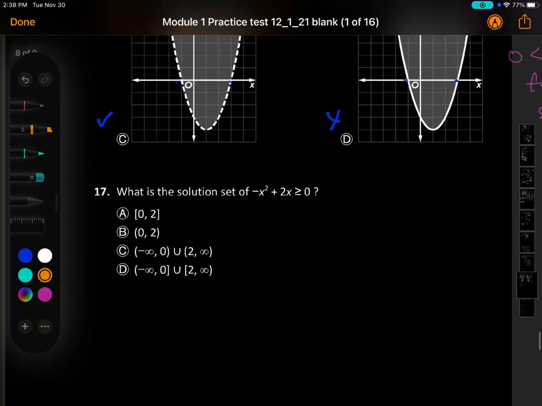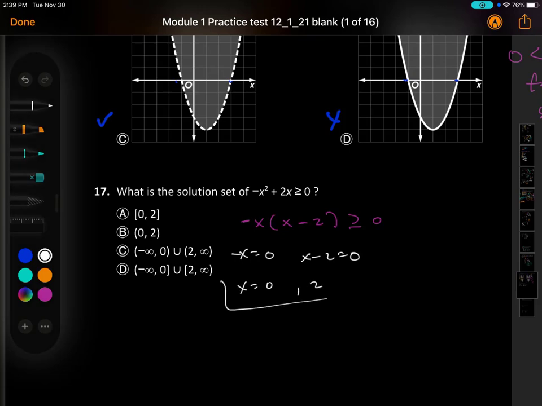Number 17, what is the solution set of negative x squared plus 2x greater than or equal to 0? I'm just going to factor out a negative x. Just going to solve it like regular. Set it equal to 0. x is equal to 0 and x is equal to 2.